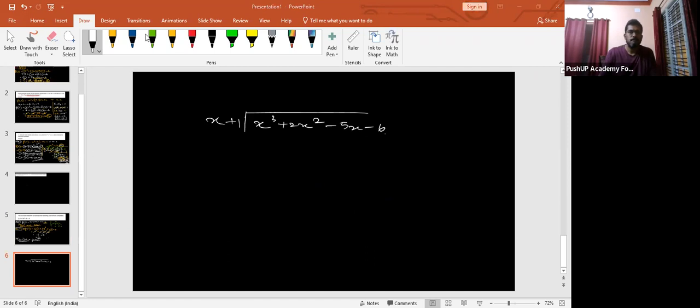Okay, fine. So once again, we will do it. X into x square is what? X cube. Now, whatever you get as a quotient, you will multiply it with the remaining part of the divisor, isn't it?